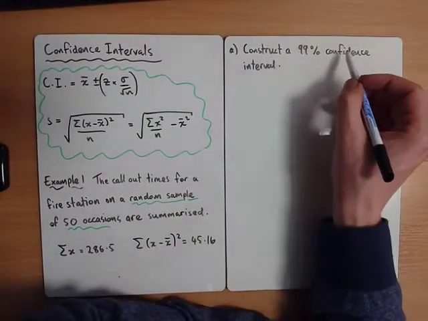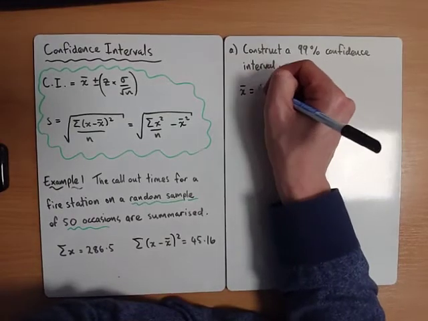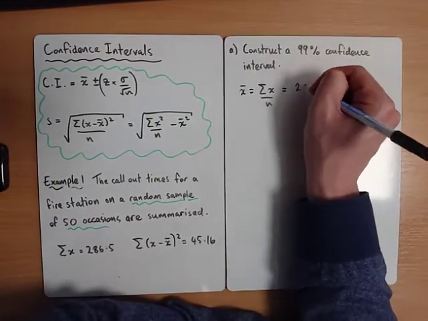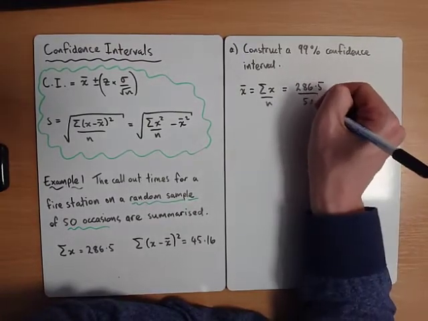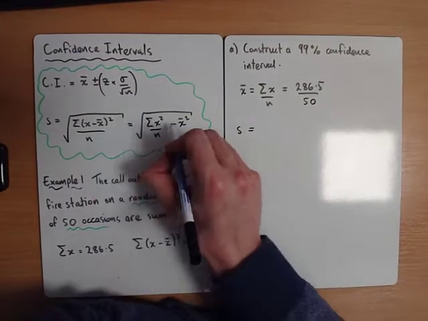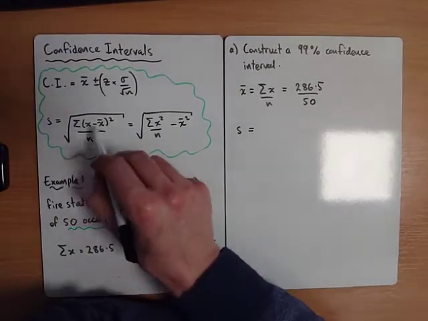We're asked to construct a 99% confidence interval. First of all, let's get the sample mean: the sum of x over n. Then the sample standard deviation. There's two versions of this formula, but we're given the sum of (x minus x bar) squared, so I'm going to use this formula.